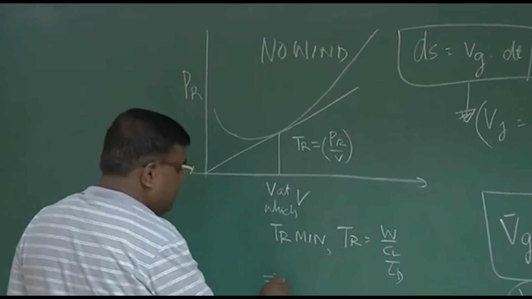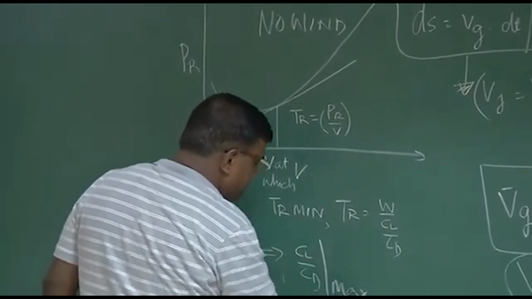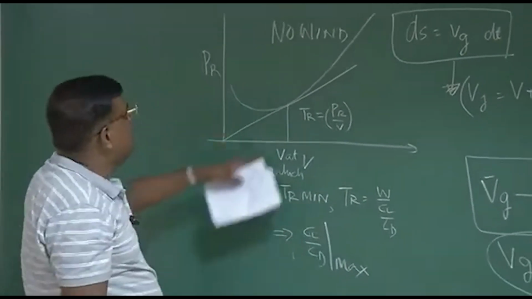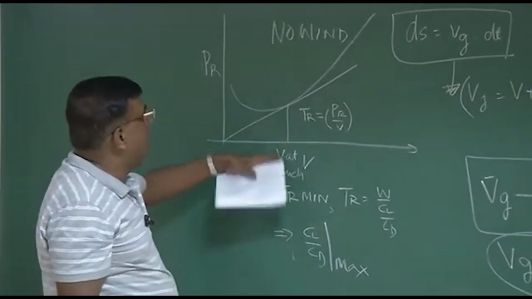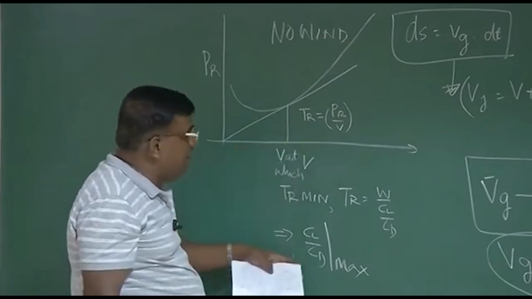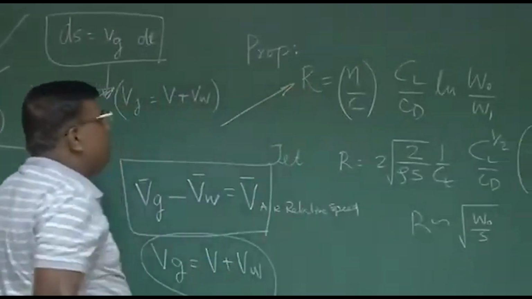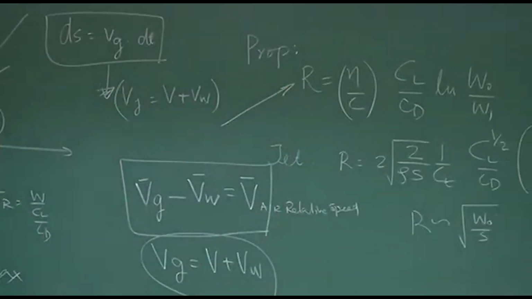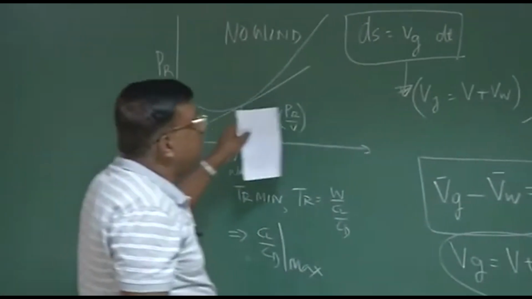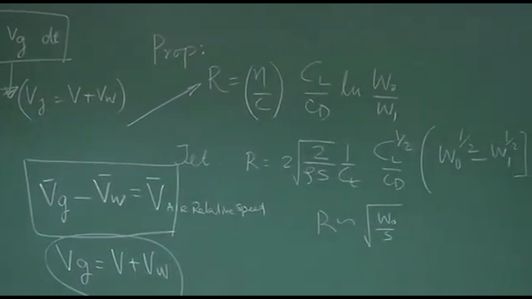So this implies CL by CD maximum. So this gives you V for CL by CD maximum. And the moment I say it's a V for CL by CD maximum, I know this is also the speed for a propeller-driven aircraft for which range is also maximum. That is, this is also the V for range maximum. This is when we talk about no wind condition.